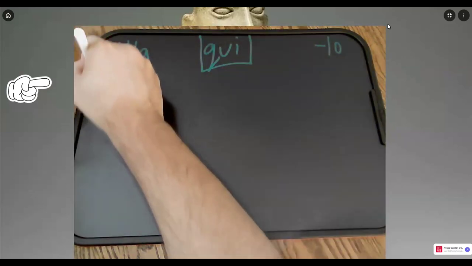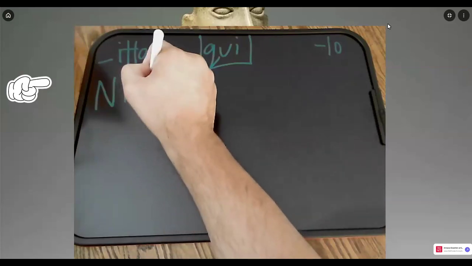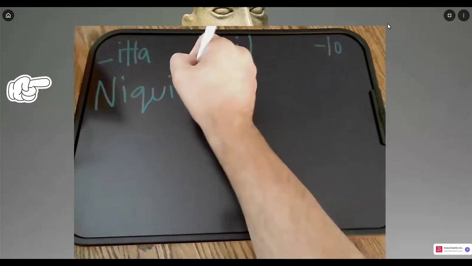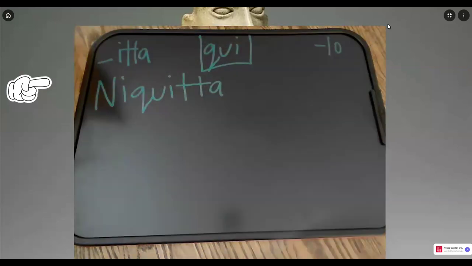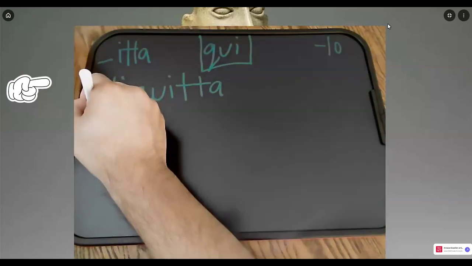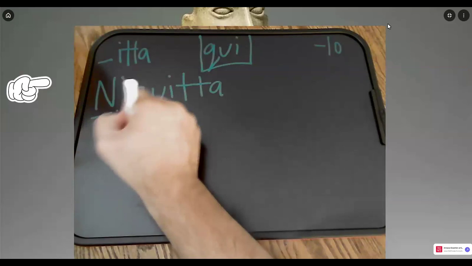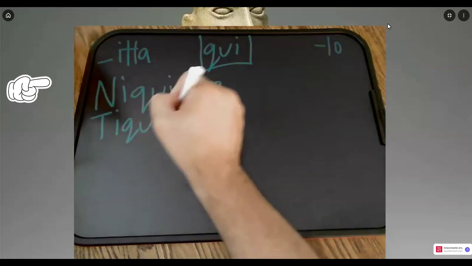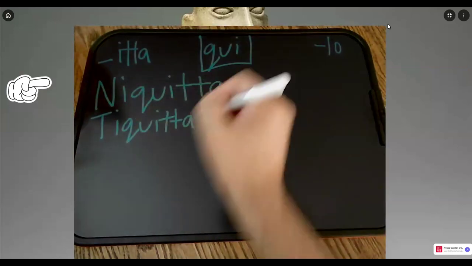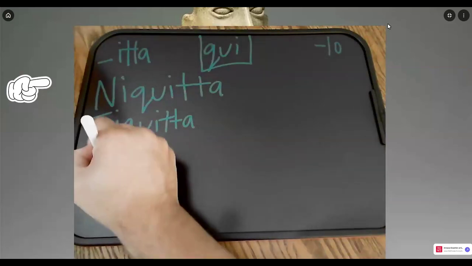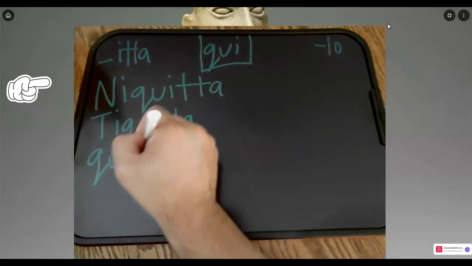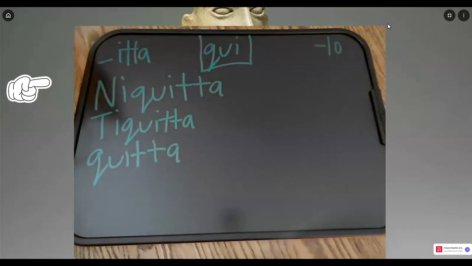Right, so Nikita, I see it. Tikita, you see it. Kita, she sees it, or he sees it, or they see it, or it sees it, a third person or an animal.